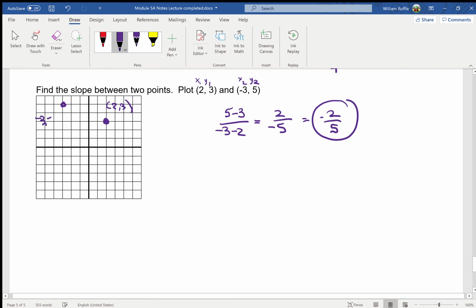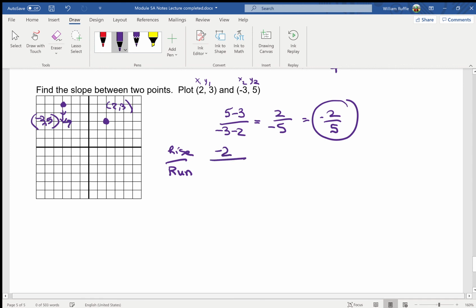That's negative 3, 5. Now I want you to know, if I go from this point, negative 3, 5 to 2, 3, I have to go down 2. I go 1, 2. So if I think about rise over run, I just went down 2, so my rise was negative 2.